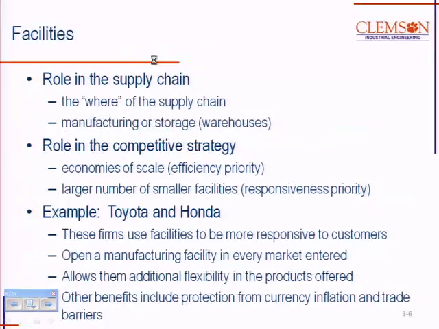So the facilities deal with, obviously, the where in the supply chain. Where are we going to locate end product, WIP, the first manufacturing of raw materials? Each of these are important. So this is what I was referring to before, that we're not just talking about one location for one type of facility.